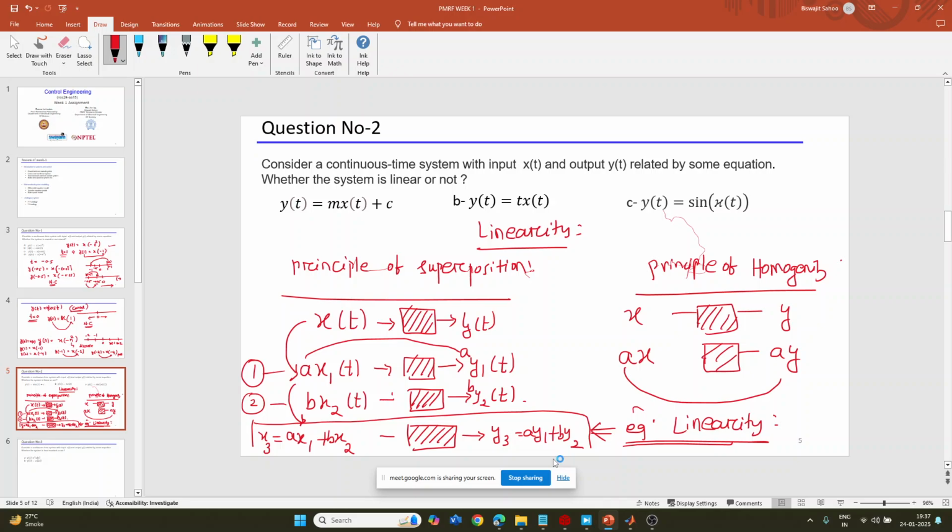Now, can anybody tell me, by looking at y equal to mx plus c, whether the system is linear or not? Because you have come across this equation from your childhood, after your 7th or 8th class.